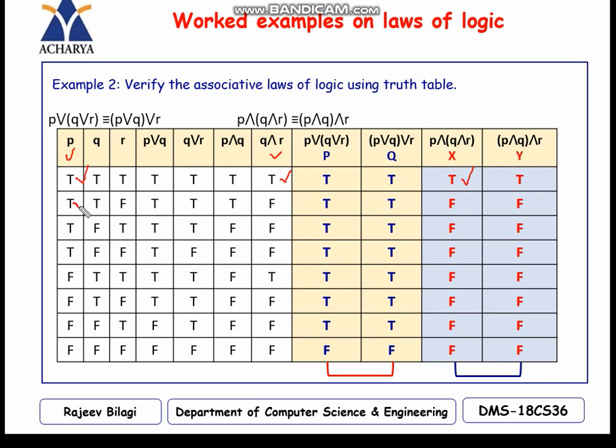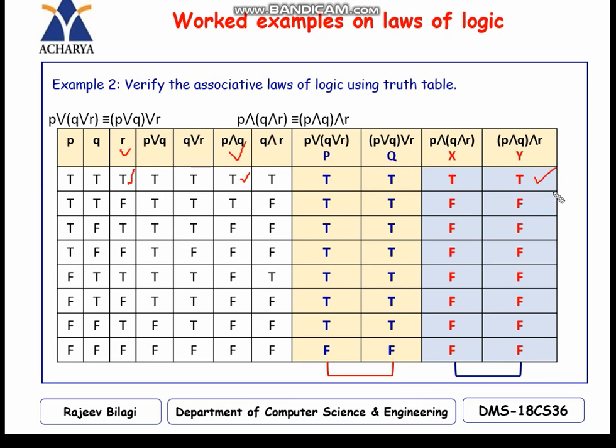So if you look at here, this is T and this is F, so all these values are F. Now similarly, if you look at P and Q, that is P and Q with R. This is T, this is T, so hence it is T.